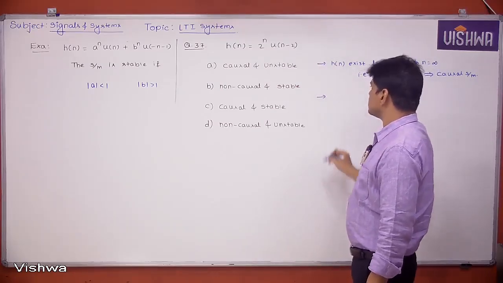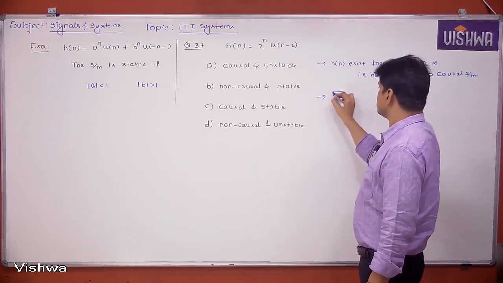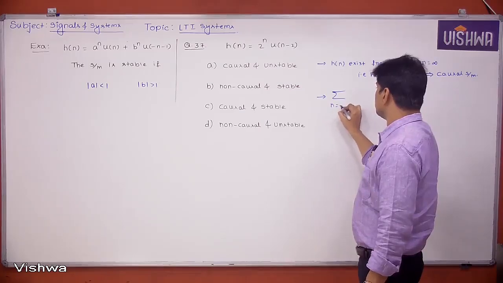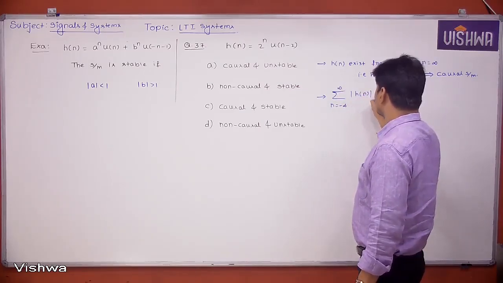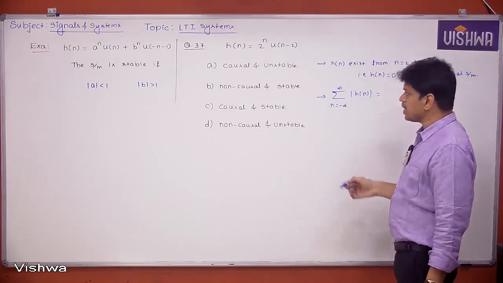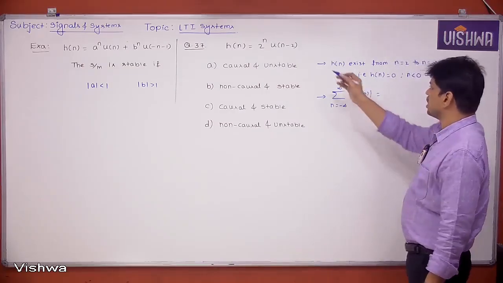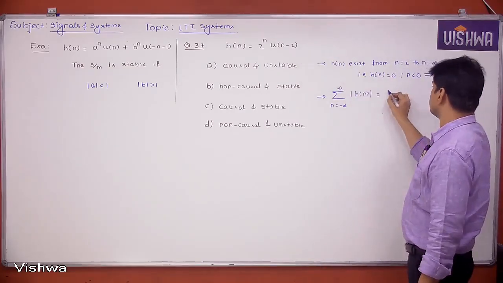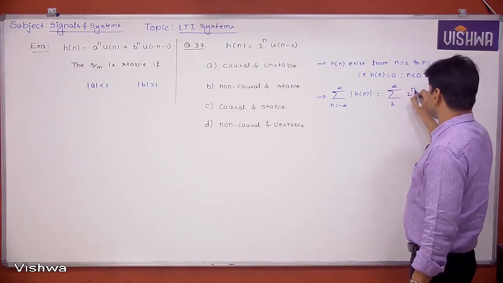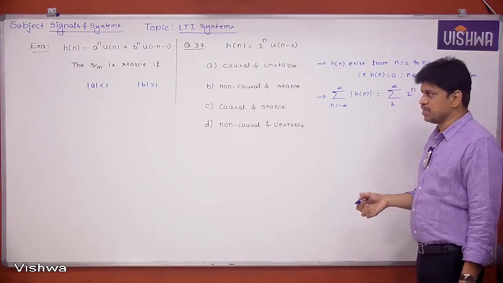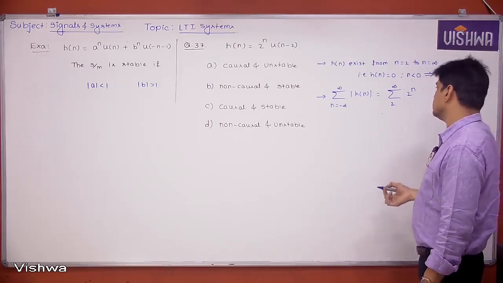To say whether it is stable or not, what do we have to calculate? Summation n equal to minus infinity to infinity of mod h of n. That's what we have to calculate. Because it exists only from 2 to infinity, I take the limits 2 to infinity of 2 power n. Modulus won't make any difference because it is not negative and not complex.